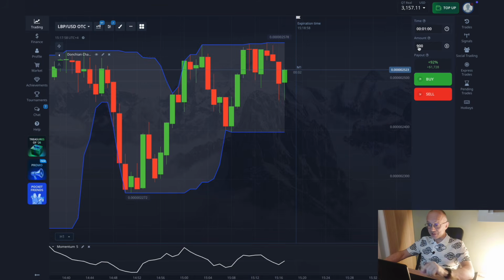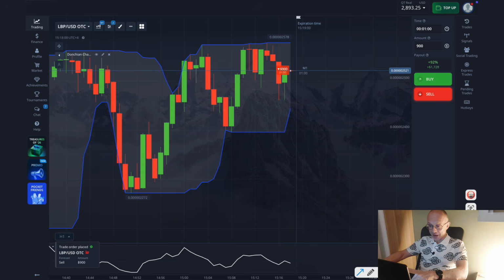The next impulse is formed in a non-standard way. With an expiration of 1 minute, I'm opening a short trade for $900.